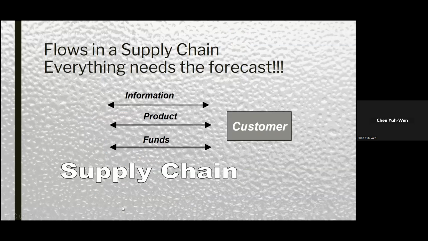So I use the supply chain to explain why the topic we are talking about now is very important. You must forecast, or you must analyze the information hidden in your information flow, in your product flow, in your cash or funds flow. I think every company that expects sustainable growth must predict cash flow.